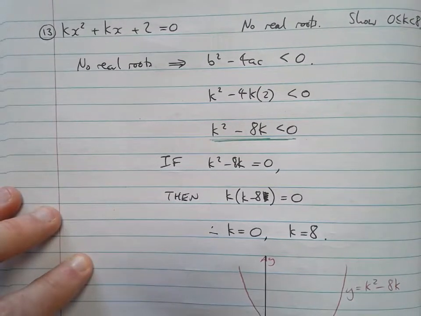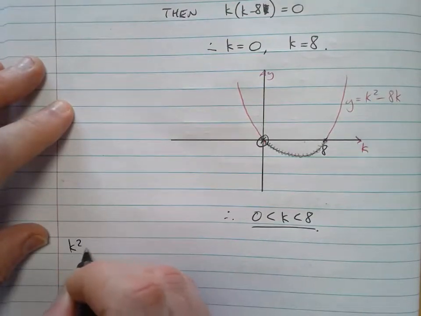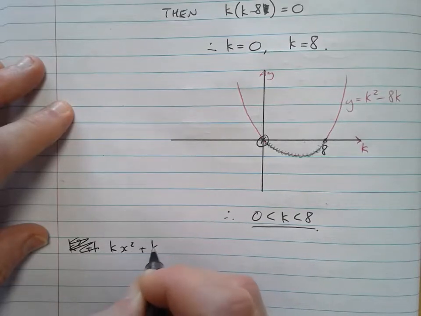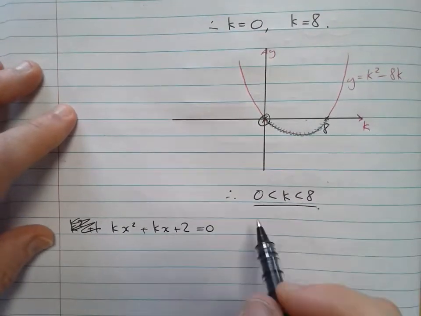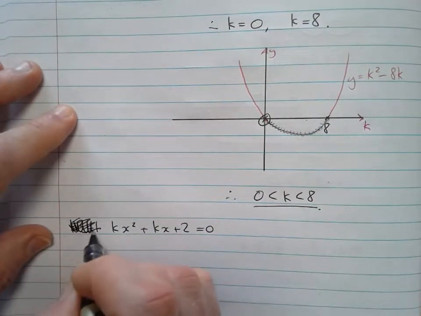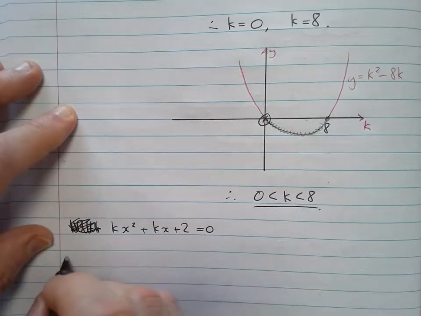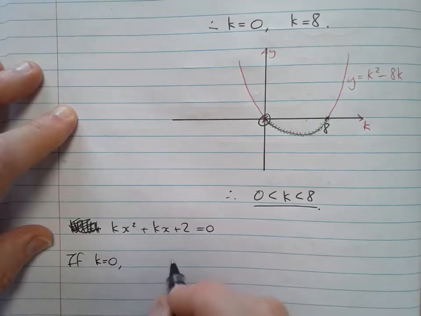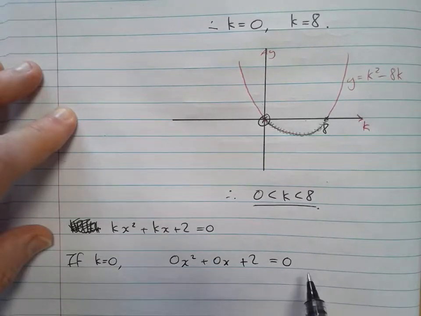So going back then to our original equation, kx squared plus kx plus 2 equals 0. And we're supposed to be showing also that if k equals 0, then this has no real roots. So if k equals 0, then this would give us 0x squared plus 0x plus 2 equals 0.